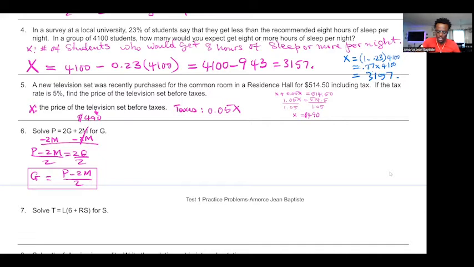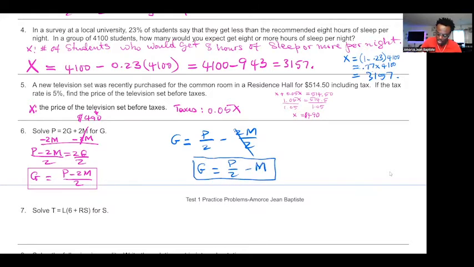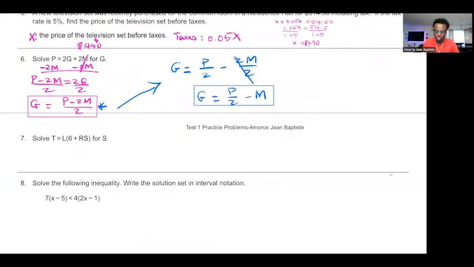But if you want to simplify, you would have something like this: G equals P over 2 minus 2m over 2, simplify 2, and then G equals P over 2 minus m. If you give me that, I can take it as well, and it makes no difference. The only difference, if you did not stop here and you continue to here, and then you make a mistake on your way to this answer, then you're not gonna have full credit. But if you stop where I put this star, you get your full credit on that. Keep that in mind.